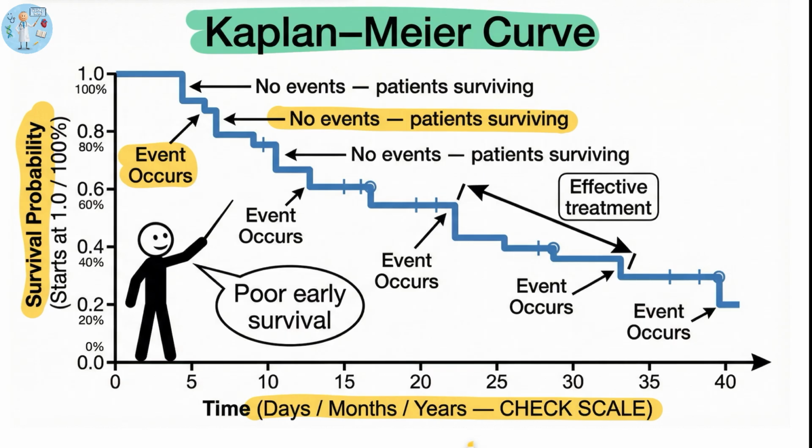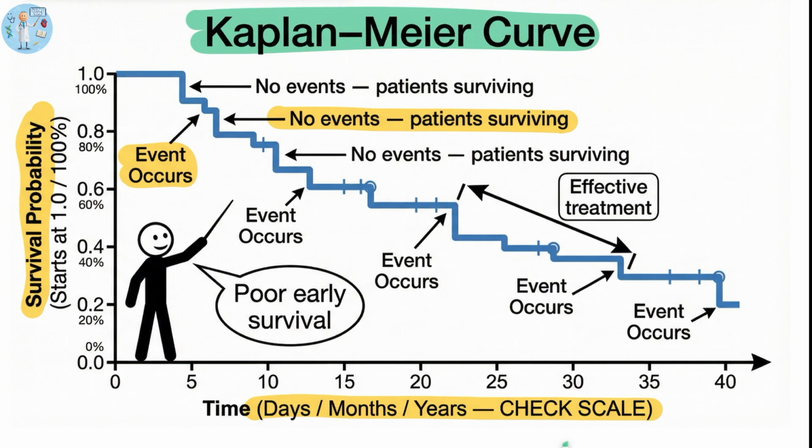Okay, so the visual is immediate. If that staircase takes a big nosedive early on, that's a clear sign of poor early survival. A bunch of deep, steep steps right at the beginning is bad. But if the slope is really gentle and the curve stays high for a long time, that means the treatment is working well. You're seeing a high survival probability over a long time.